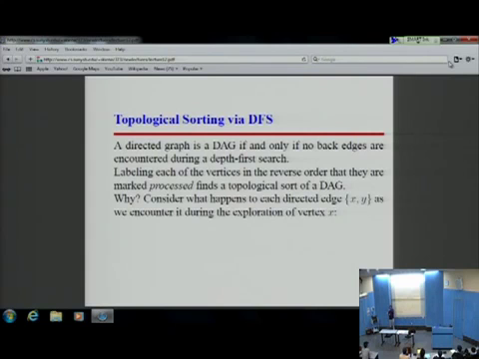Do you believe that analysis? Okay. Now that analysis is correct, but it's actually a little sloppier than it has to be. Because a way to count the work, we always are safe if we say there are n steps, each of which takes order n. That's an upper bound. But another way to look at it is to note that the number of times we go through this loop is really not n, but the degree of that vertex.